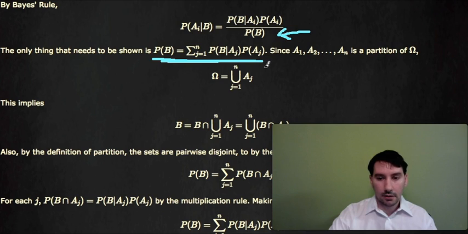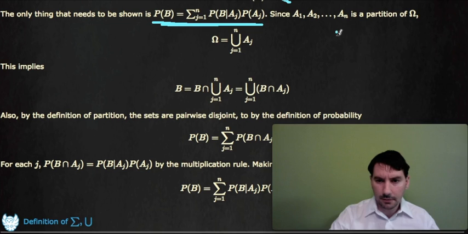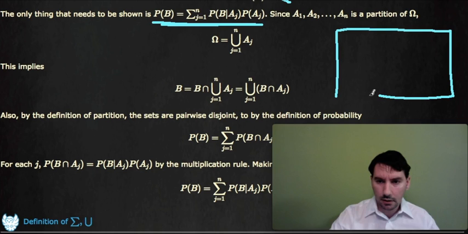And if you remember what a partition is, which will be covered in the lessons on set theory, the union of all these sets equals omega. In fact, I could just draw a picture here of a partition, because it might be helpful to see in some of this coming up. So if this is omega, a partition means just to chop omega into pieces, essentially. So I just divide the whole set into some pieces.